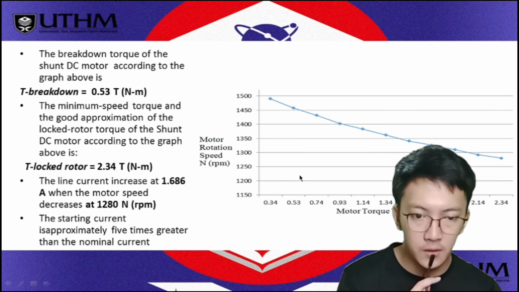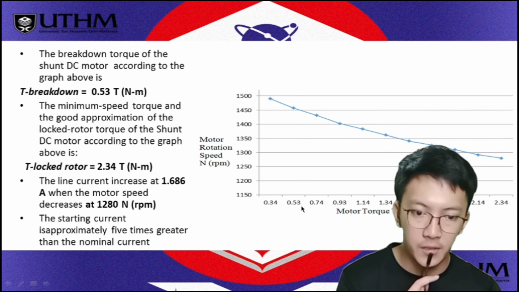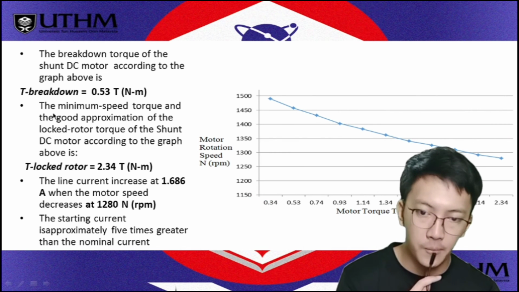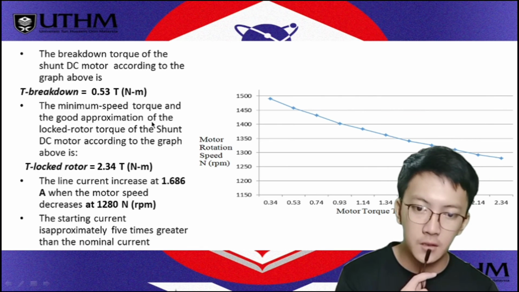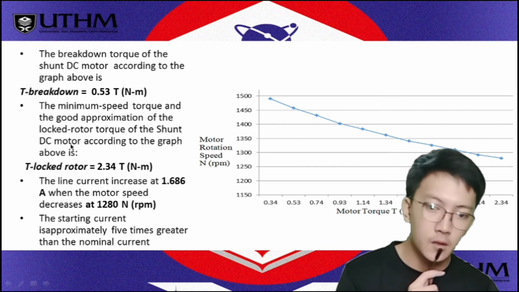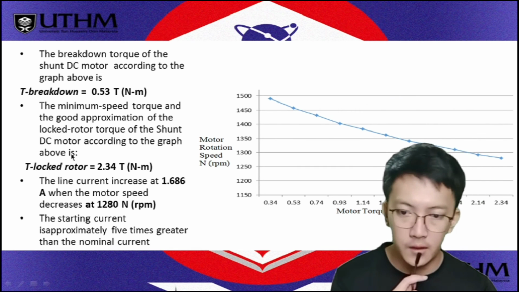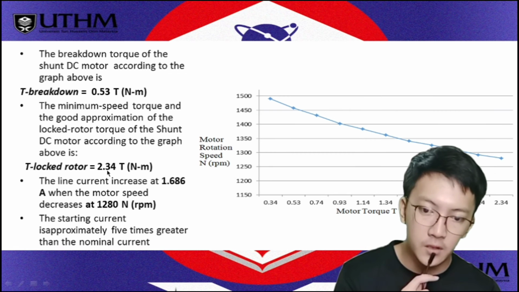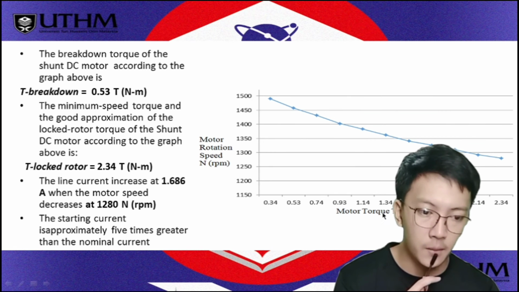Same as before, it's dropping at 0.53 Nm. The minimum speed torque and the good approximation of the locked rotor torque of the shunt DC motor according to the graph is 2.34 T Nm.